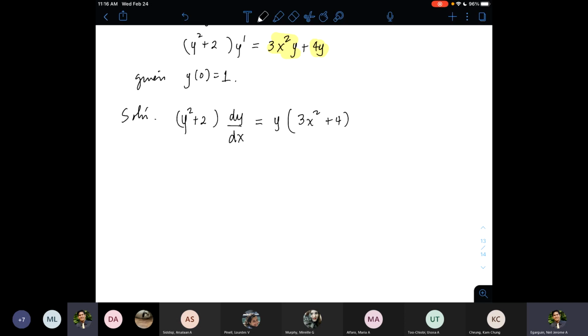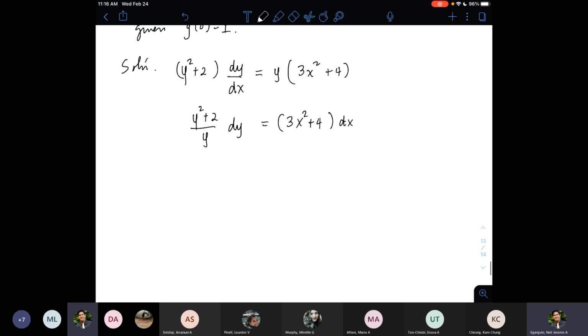Okay, and then now you can do the multiplication and division of both sides to have all y's on one side and all x's on the right-hand side. So we'll have (y squared plus 2) over y dy equals (3x squared plus 4) dx, right? And then you're now ready to integrate both sides.